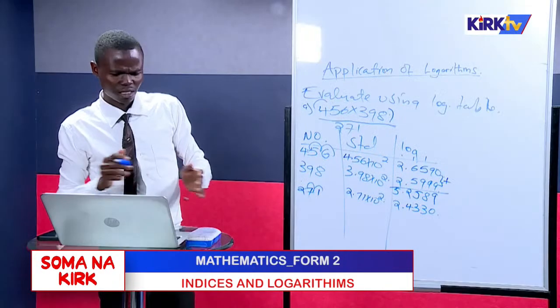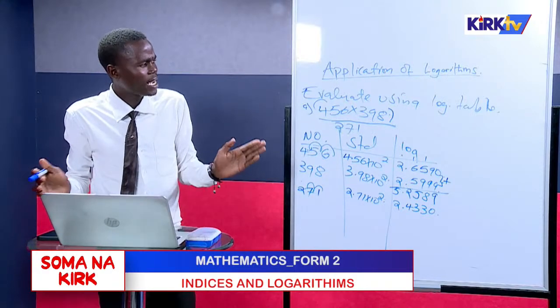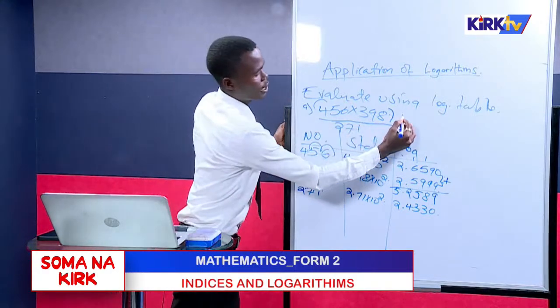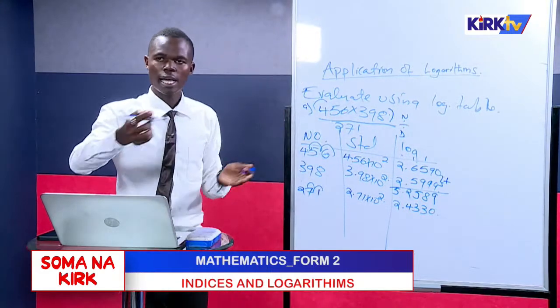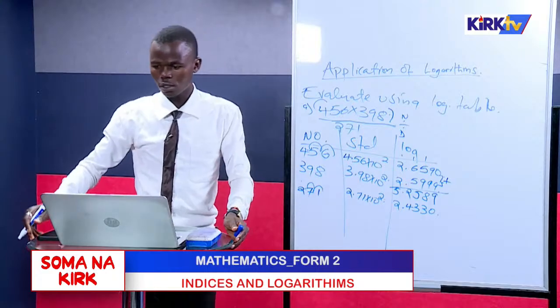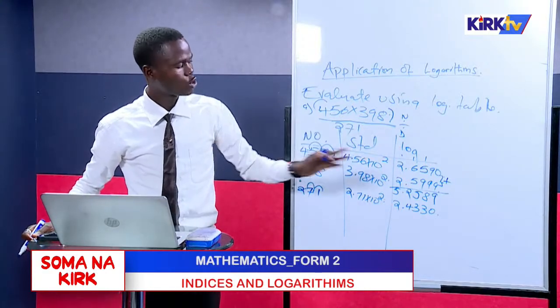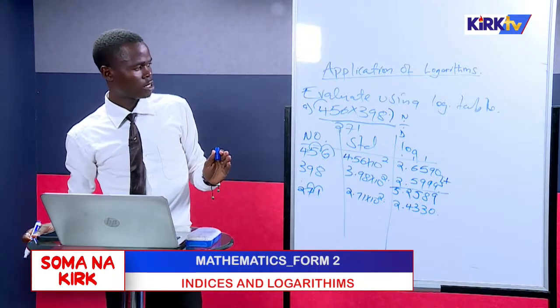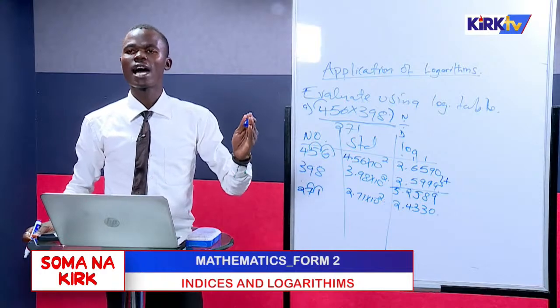Now I am done with the numerator and the denominator. I check the sign between the numerator and the denominator, which is a division. Remember, when we started our lesson, I said very simply that the sign will allow you to use either division or addition.